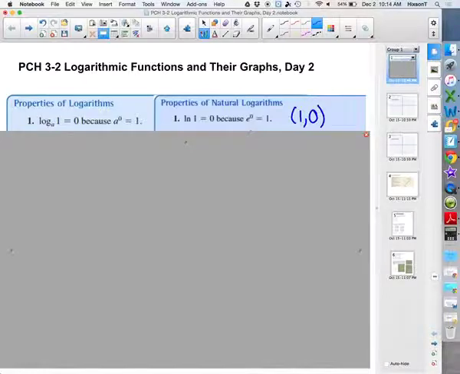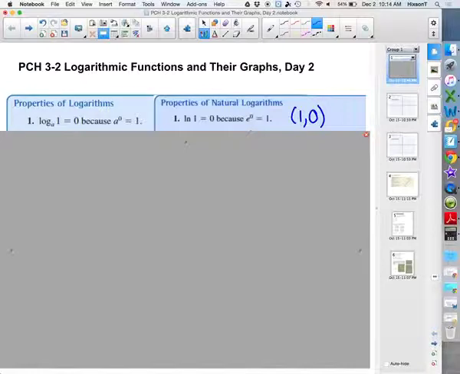Okay? So guys, our x-intercept for every logarithmic function, unless it's shifted or stretched horizontally or something, it's always going to hit that point 1, 0. Okay? So keep that in mind.